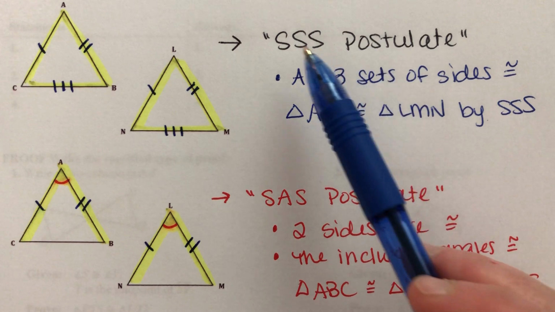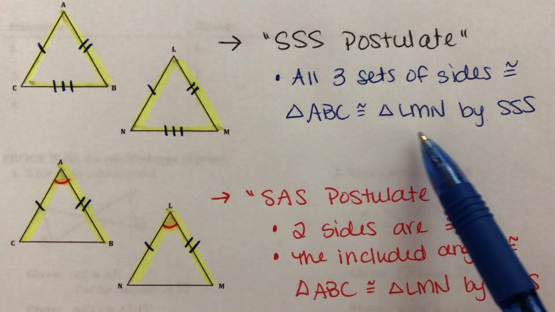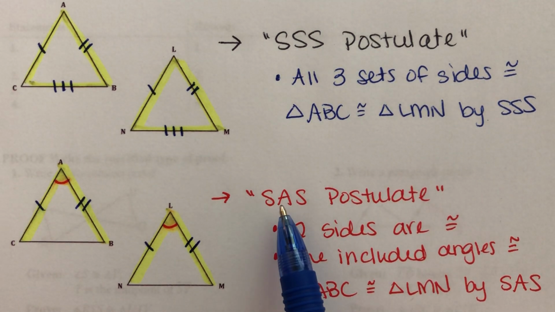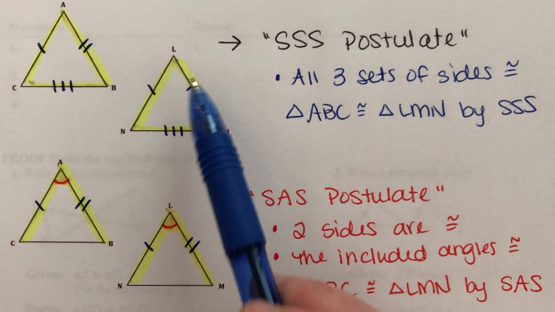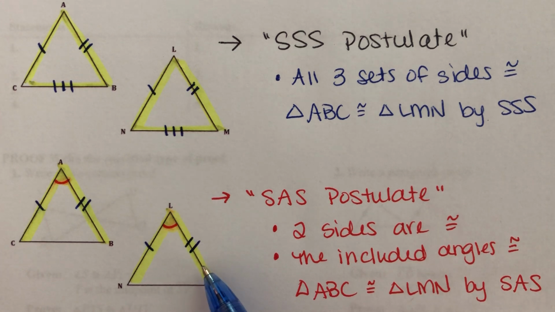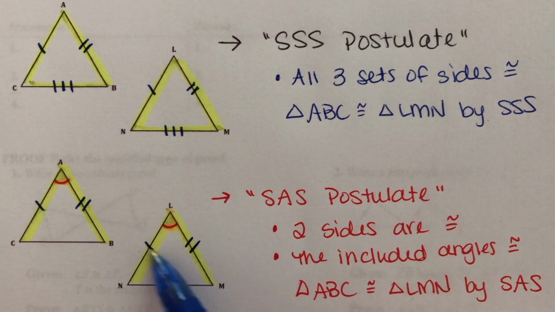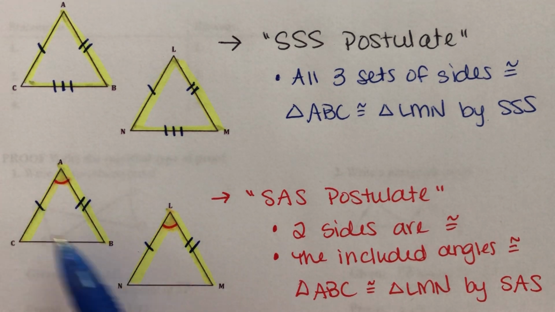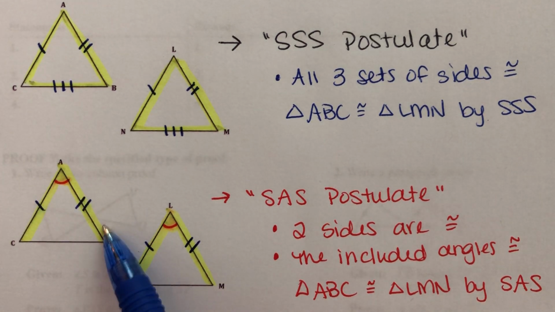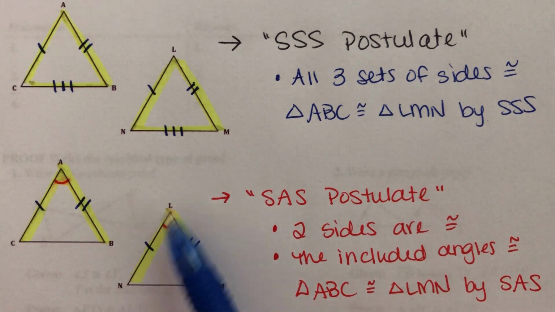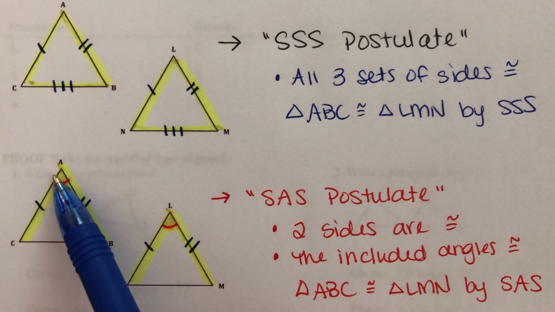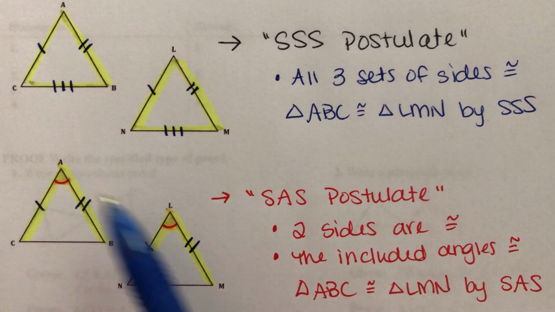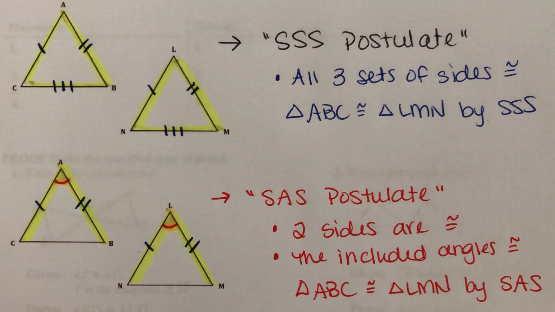Right? To prove 3 sides are congruent, side, side, side, we can say that the 2 triangles are congruent. Another one that we learned last week was side, angle, side. So instead of proving all 3 sides are congruent, we only have to prove 2 sides are congruent in our 2 triangles, not congruent to each other in one triangle, but when we're looking at one triangle, 2 of our sides are congruent to 2 sides in a different triangle, right? So 2 sides and the angle connecting them, the angle in between them has to be congruent as well.